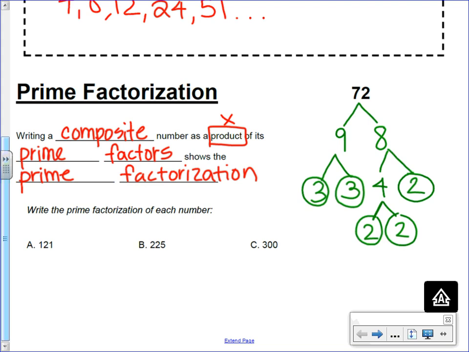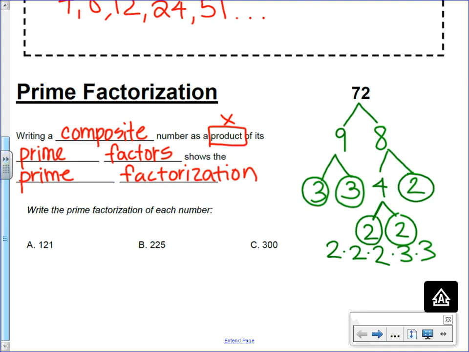So then, to write the prime factorization, you've got to write all your leaves out. And I write them in order from least to greatest. So I'm going to write down 3 2s: 1, 2, 3. And it's the product, so we're multiplying them times 3 and 3. And if I was to multiply that out, it should get me back to 72.